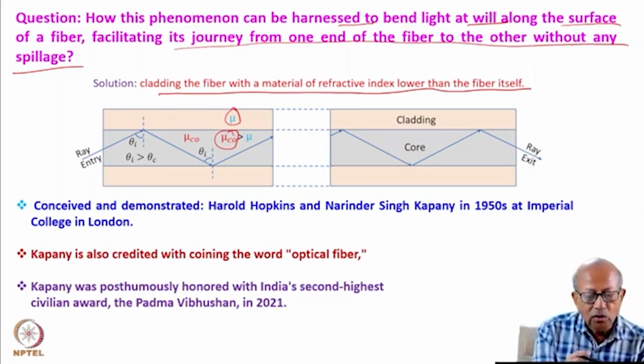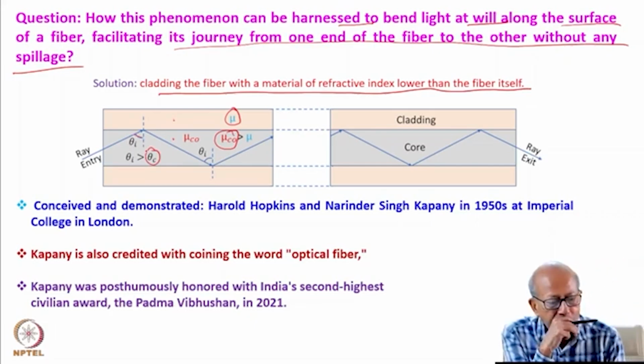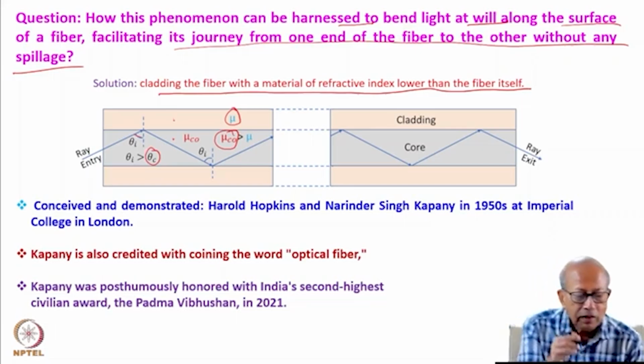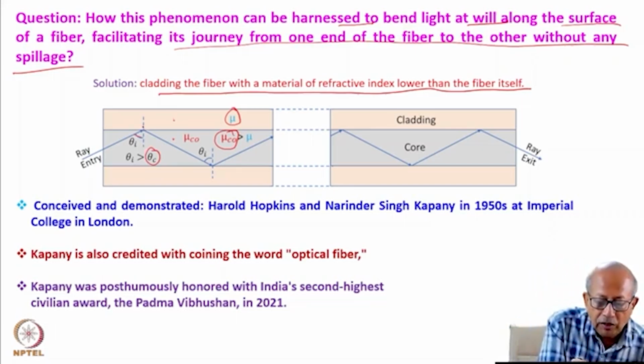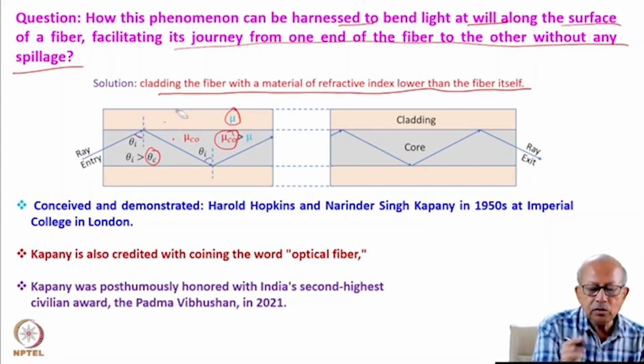So if you launch a ray of light on this core-to-clad interface at an angle more than the critical angle, then there cannot be any refraction of light. No light will pass out of the core.